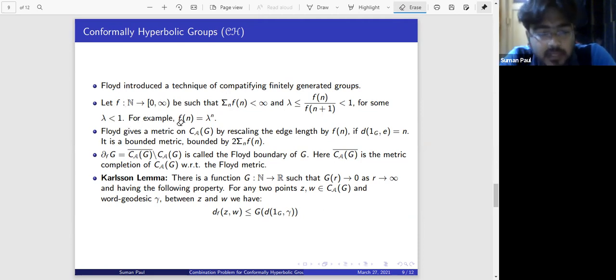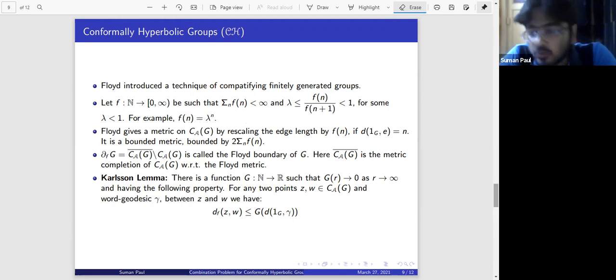For example, if I take f_n to be lambda to the power n, where lambda is less than 1, then it is summable, and also f_{n+1} by f_n is exactly lambda. Sorry, it should be the other way around. So it satisfies this condition.